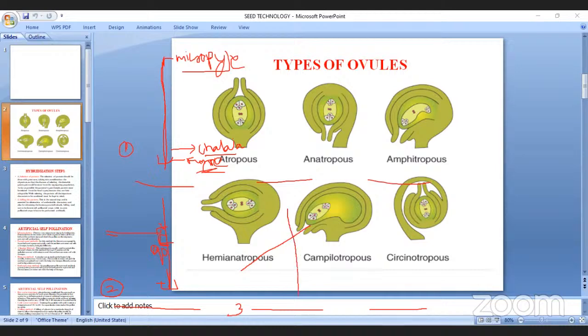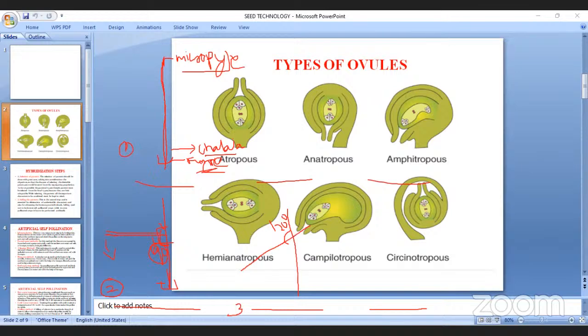Now this is 120 degrees. That means the degree increased. First it was a straight line, then the body with the micropyle turned 90 degrees, and now it reaches somewhat down. You can see the line here.